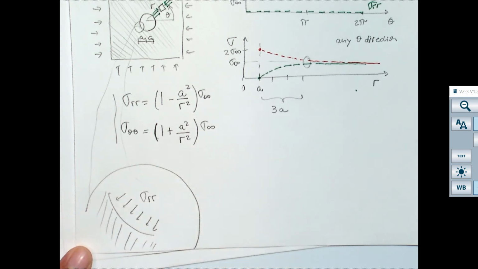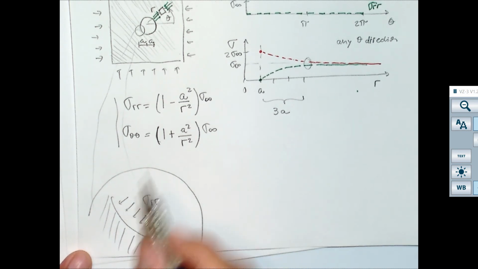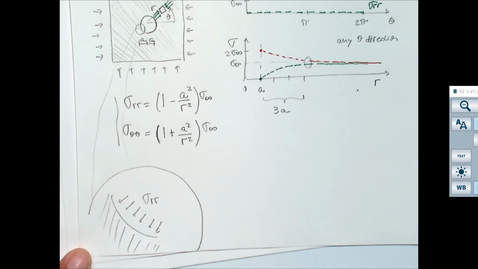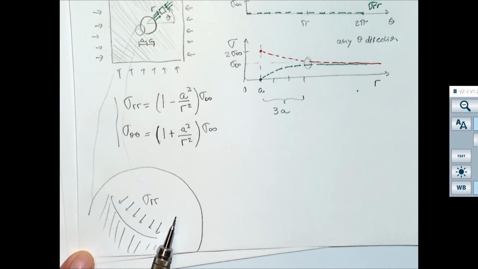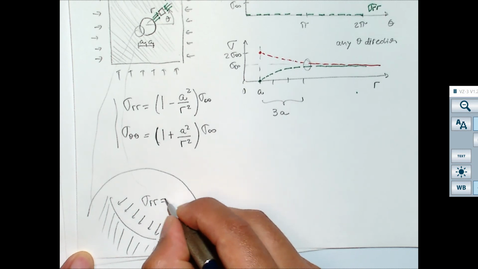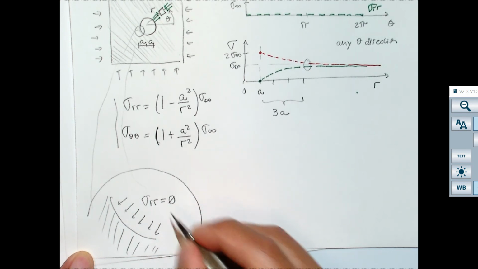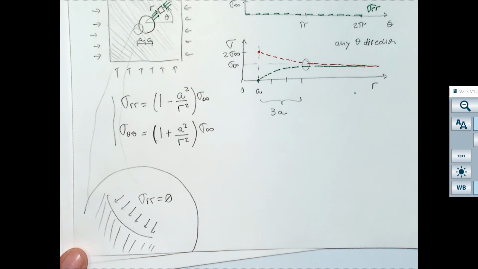If we had a fluid, like you may think of this as a pipe. If there's fluid inside the pipe, you're going to have a pressure, but there is nothing. There's no chance, there's no possibility of having a radial stress. So in this case, the radial stress is equal to 0. There is no such thing like that.